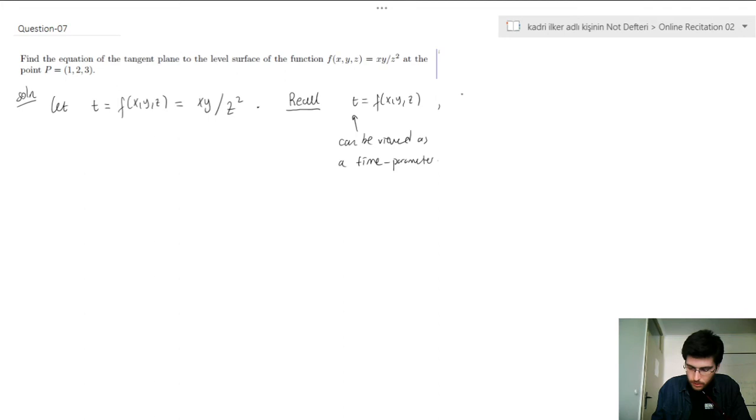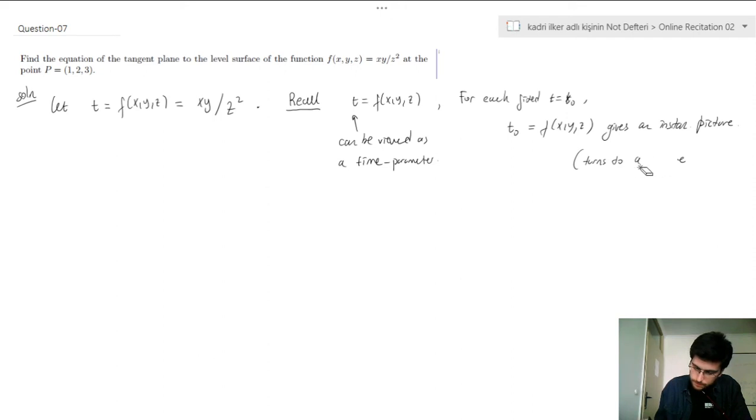For each fixed t equals t0, t0 equals f(x, y, z) gives an instantaneous picture, and it turns out to be a surface.